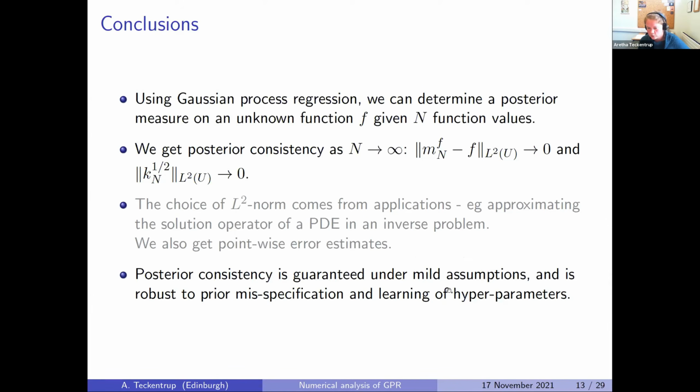And if you do need to learn the hyperparameters, that is usually not an issue. So whatever hyperparameters you choose and however you estimate them, most of the time you still get convergence to the truth, right? So you might not get convergence at the optimal rates, but eventually as n tends to infinity, you will always tend to the right thing and recover the truth.